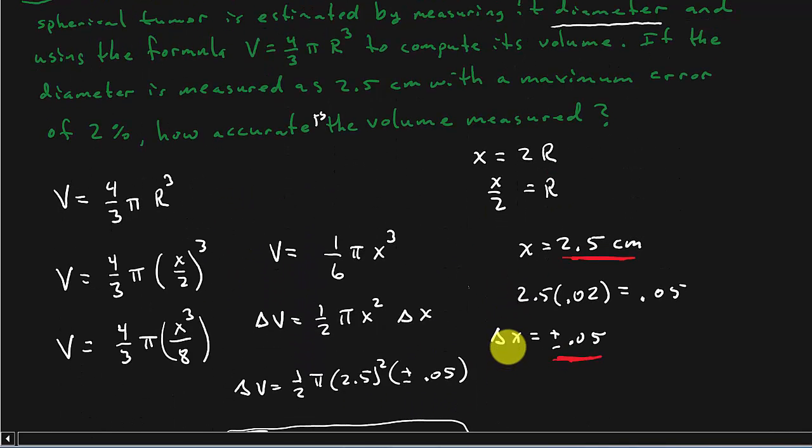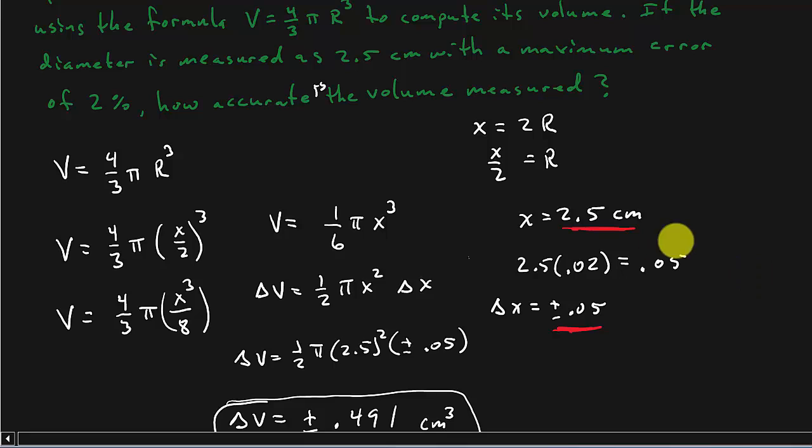So let me just summarize what we did. We have a tumor and we measure the diameter. How accurate are you going to be at measuring the diameter of a circle? A little bit of it is eyeballing it. Are you getting it on the widest part and all that good stuff? So we measure it to be 2.5 centimeters, but we may be off by this many centimeters, which is 2% of 2.5.